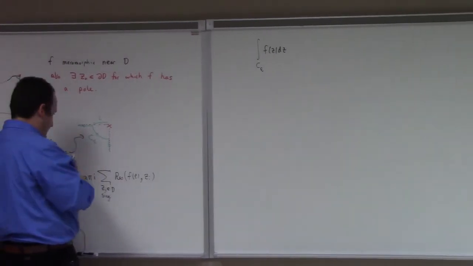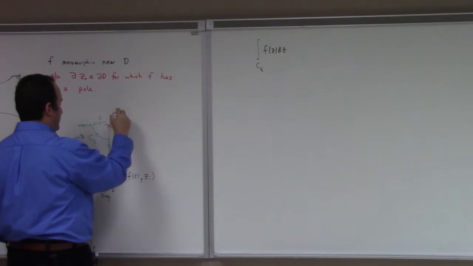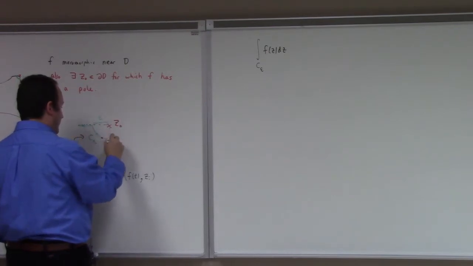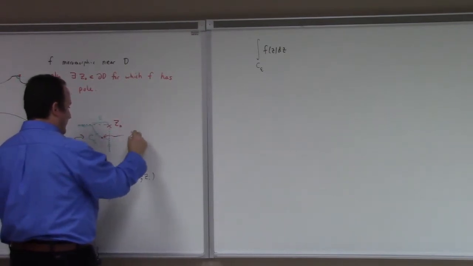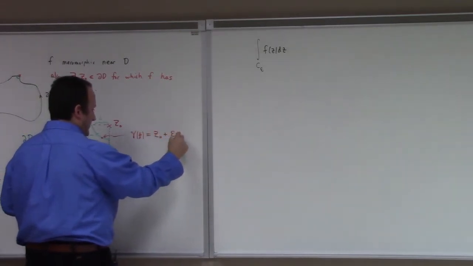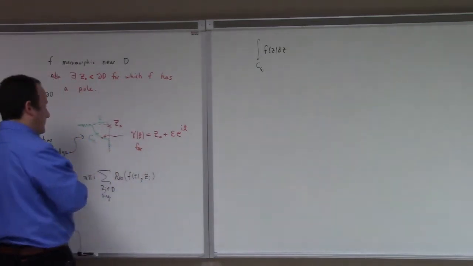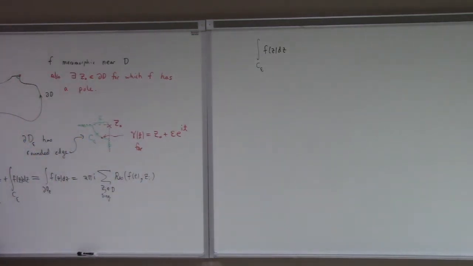What would the parameterization of C epsilon be? And I probably should tell you that red x is z naught, right? So given that that's z naught, what's our parameterization? If I call this point here gamma of t is equal to what? It's equal to z naught plus epsilon e to the i t for what? What is my t range over there?